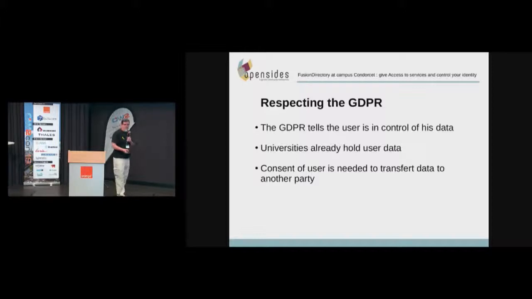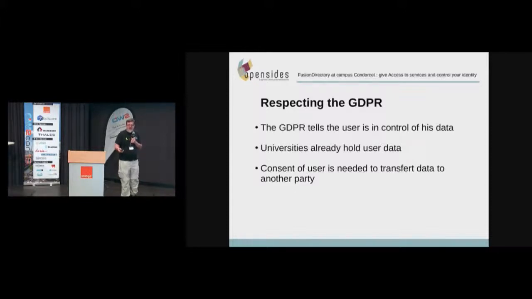So, respecting the GDPR, as I say, the user owns his data. Of course, the university has the data because the people work there, so they need to have some kind of data. But then when you go through the federation and the data goes out of the university, the question is, what should I do with this?